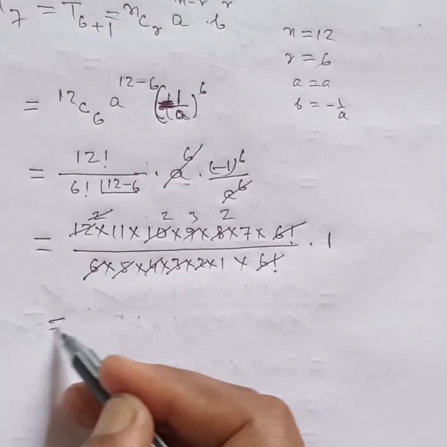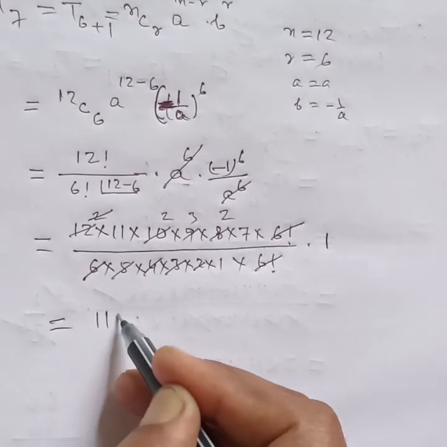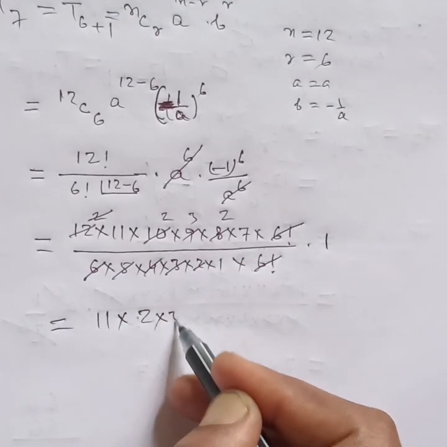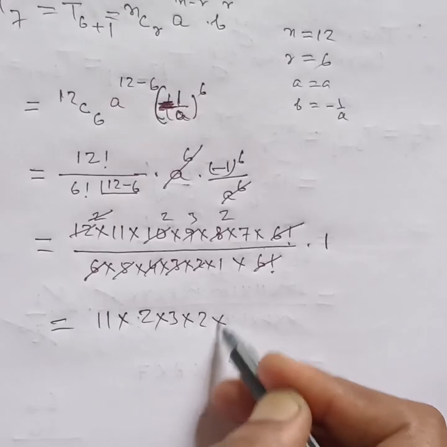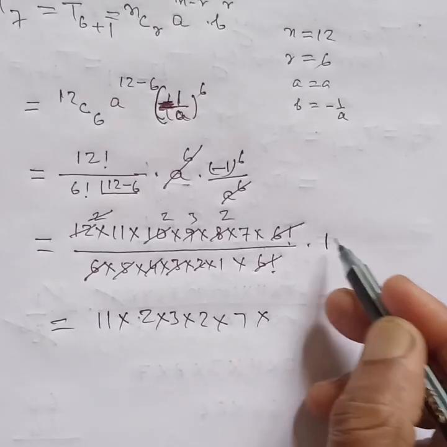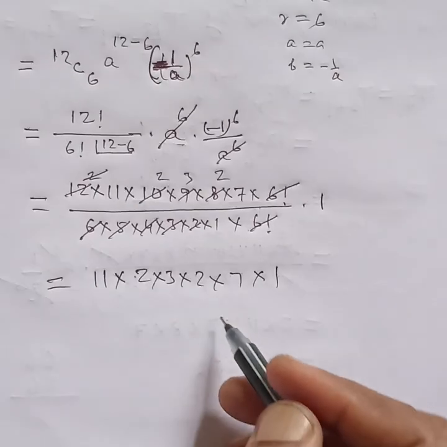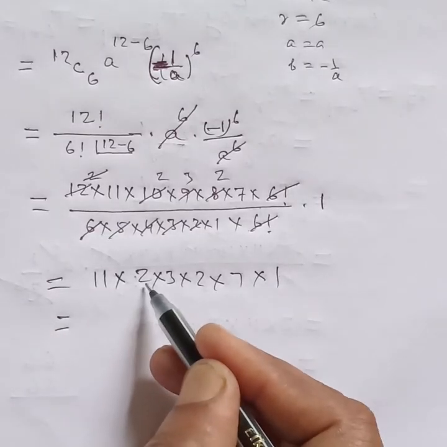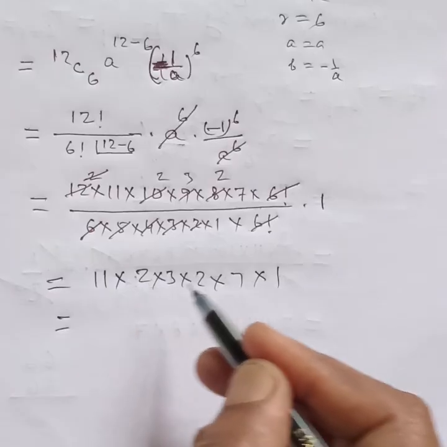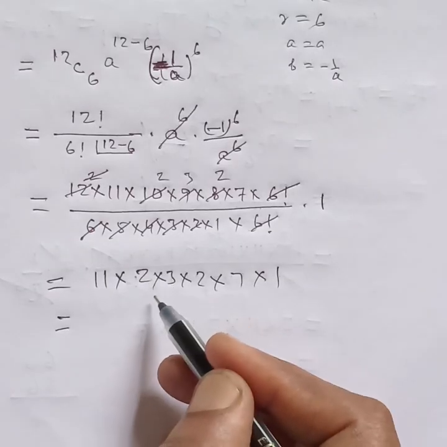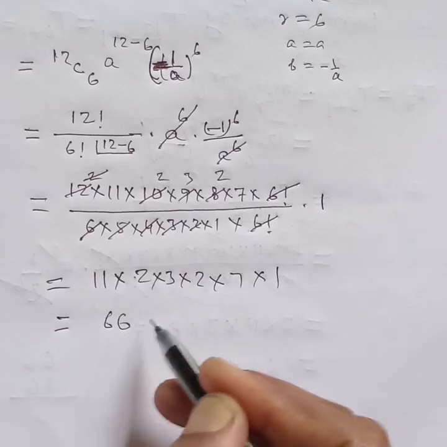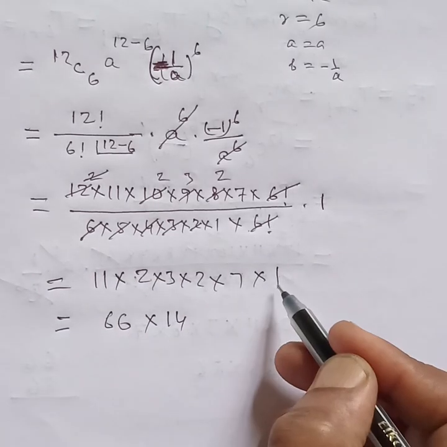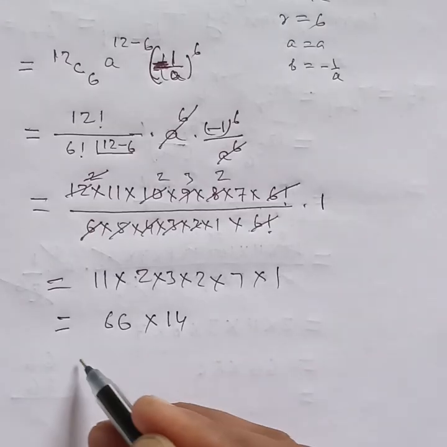So it will be 11 into 2 into 3 into 2 into 7 into 1. 11 into 2 is 22, 22 into 3 is 66, into 2 into 7 is 14, into 1.